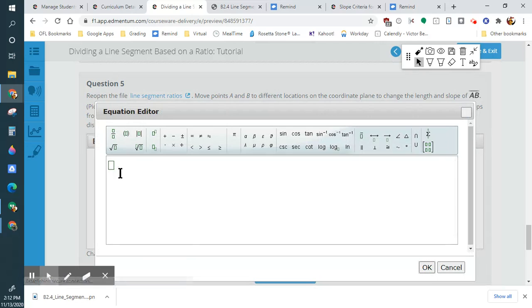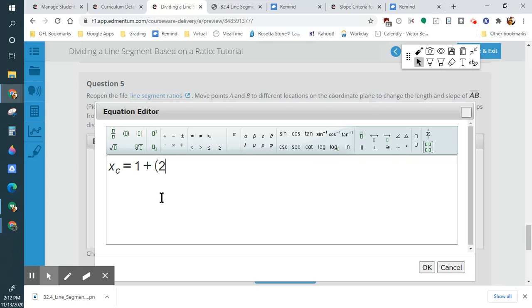I'm going to do this as x sub c equals. We want to make this 2/3. So our x1 is still 1. So x sub c equals 1 plus the 2/5 that we had before.